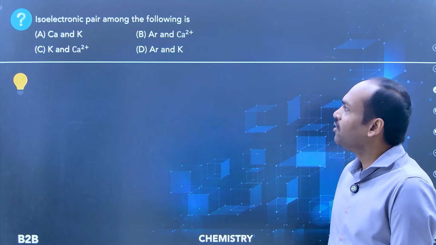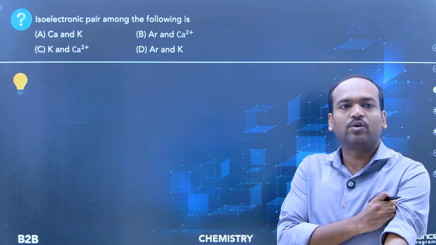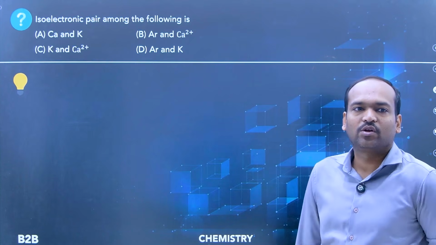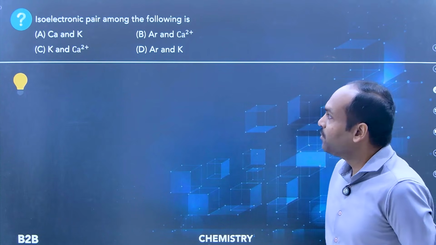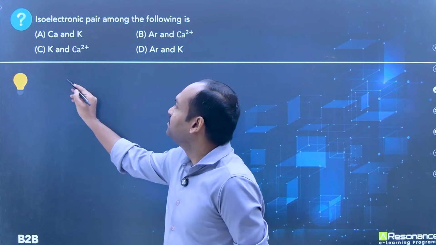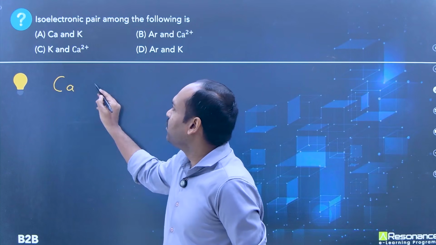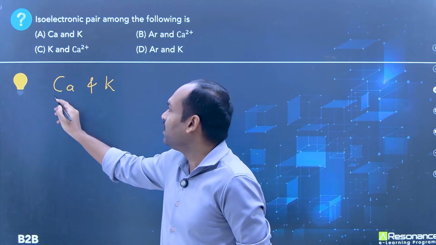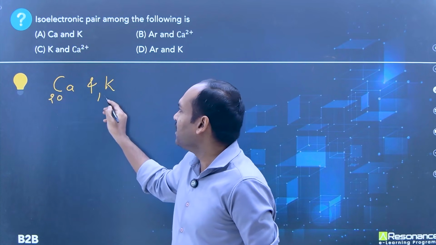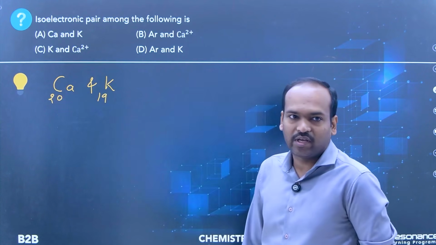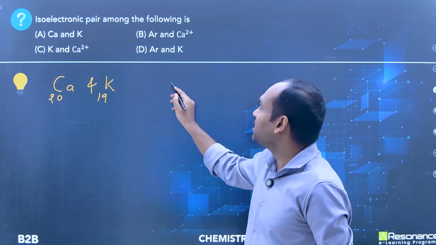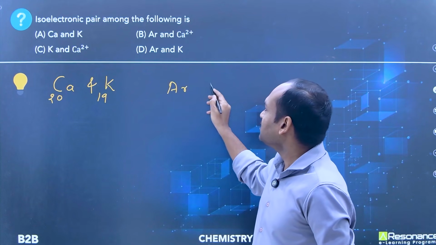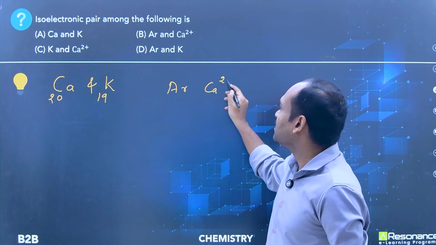The isoelectronic pair among the following is... Isoelectronic means same number of electrons, beta. Calcium and potassium: if I check A option, calcium atomic number 20, potassium is 19. So they are not isoelectronic. For B option, argon and calcium 2 plus.